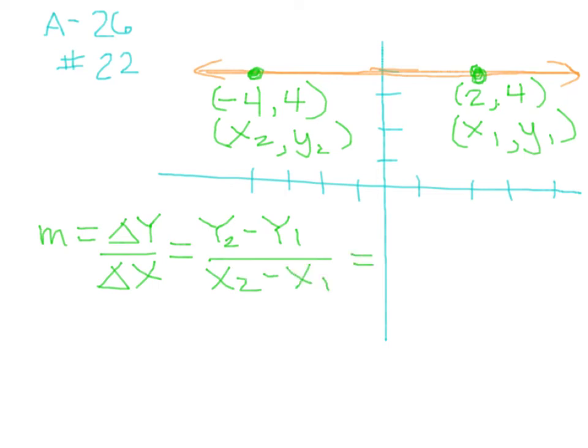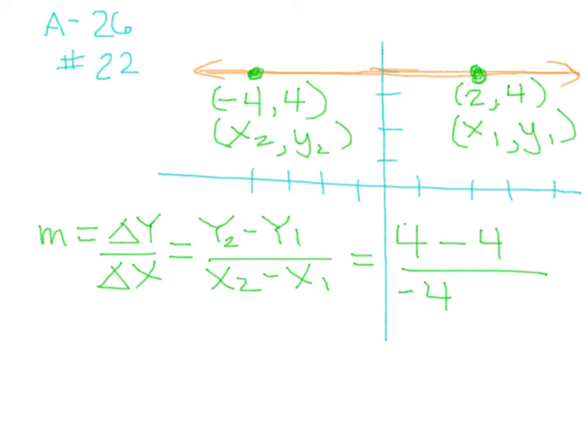I make those substitutions. y2 is 4. y1 is 4. That's the change in my y's in my numerator, and in my denominator, I have the change in my x's. And x2 is -4. And x1 is 2.